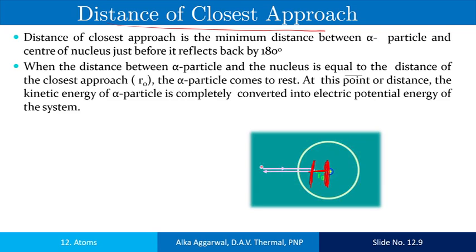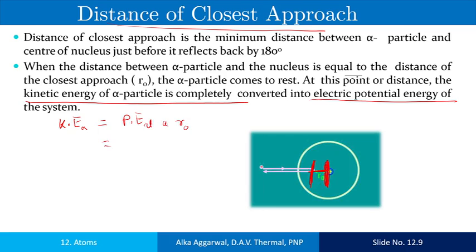Now, when the particle comes to rest, the kinetic energy of the alpha particle is converted into potential energy. That is, at the distance of the closest approach, the kinetic energy of the alpha particle is equal to the potential energy at a distance r naught. As you know, the formula for the potential energy is K Q1 Q2 upon r naught, where K is equal to 1 upon 4 pi epsilon naught.